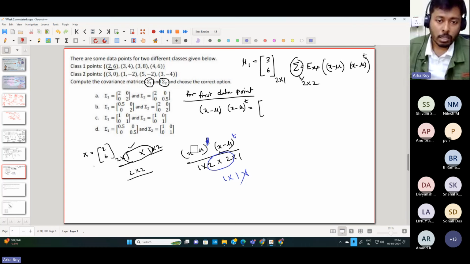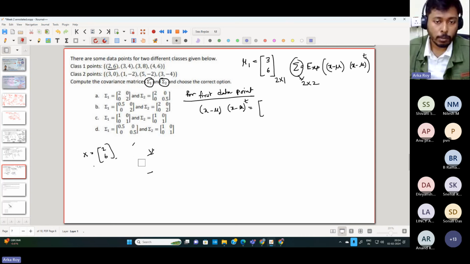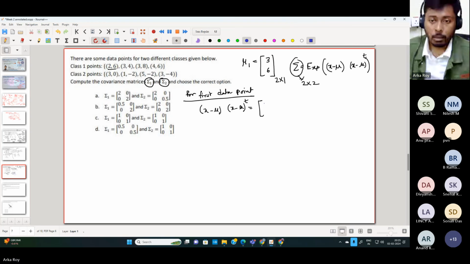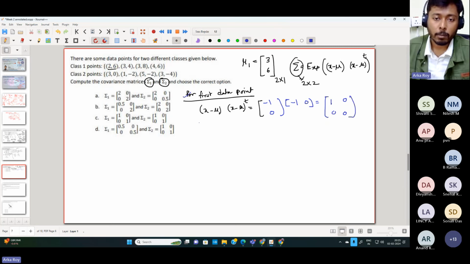This is the caution you have to take before doing the multiplication. Let me do the multiplication quickly. Your first component will be minus 1, 0, and if you take the transpose, it will be minus 1, 0, like this. Just do the multiplication: 1, 0, 0, 0. So that is for the first data point.